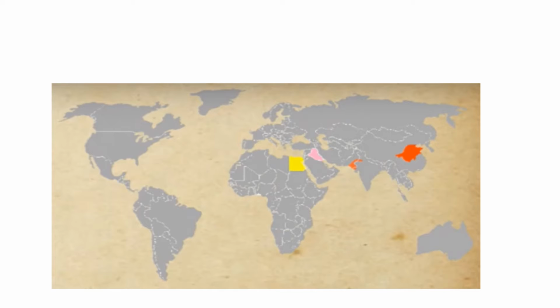Now this is a map of the world from all the way back to 3,500 BC. Now just think for a moment what BC means. Did you get it?